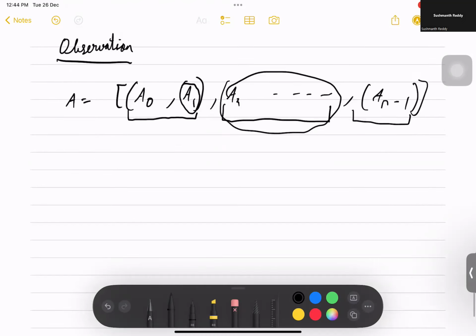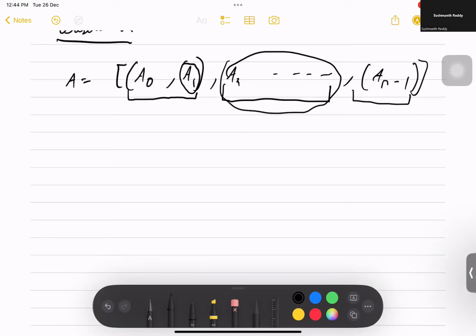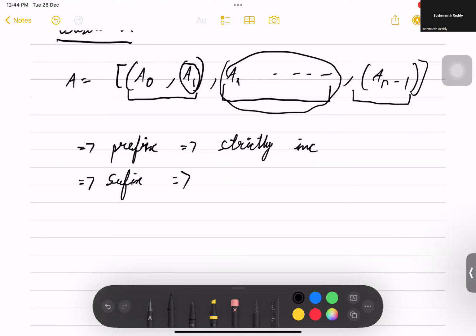Then we can say the concatenated part is strictly increasing. If we write it in terms of conditions: firstly, for any subarray that we remove, the prefix part that got concatenated should be strictly increasing. The suffix part that we are concatenating should be strictly increasing.